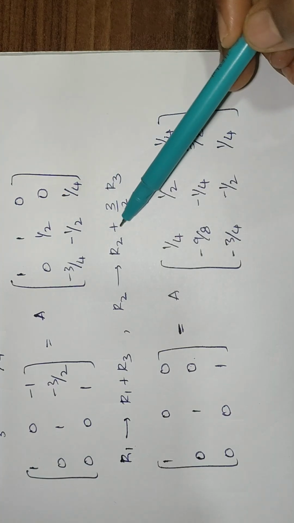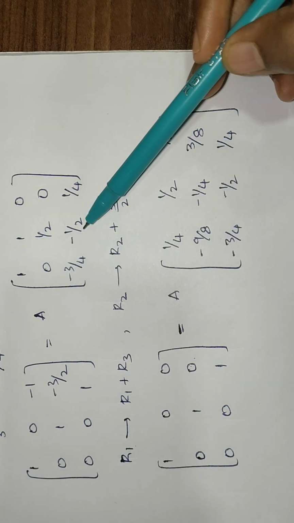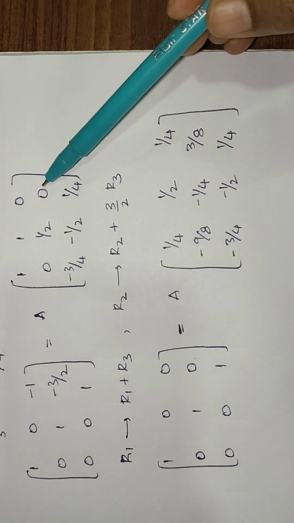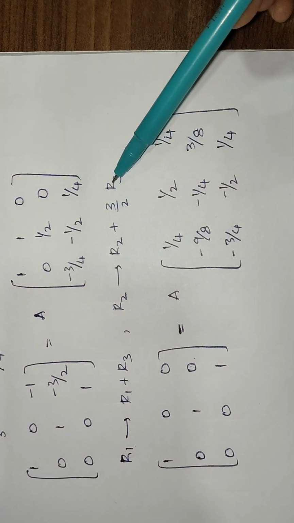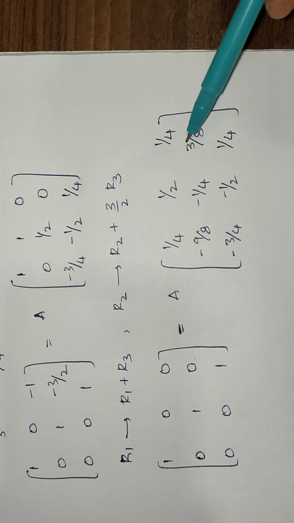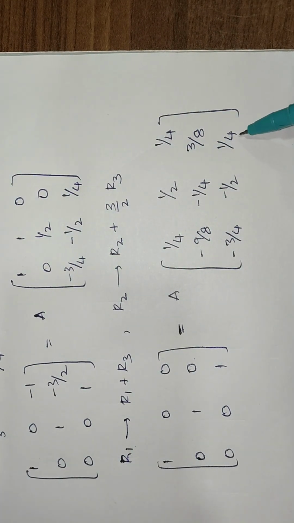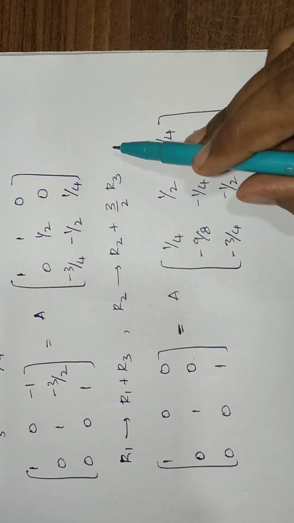Half plus 3 by 2 into minus 1 by 2, that is minus 1 by 4. Next, 0 plus 3 by 2 into 1 by 4, that is 3 by 8. And the last row will be as it is, as there is no transformation for R3.